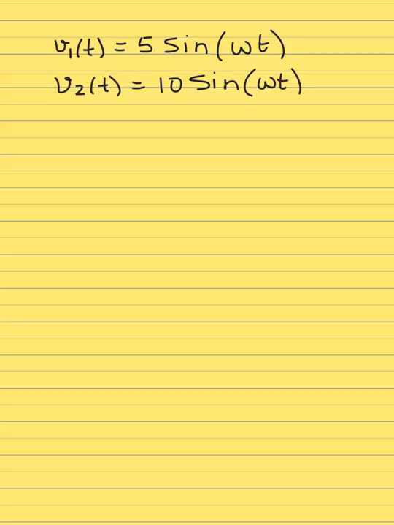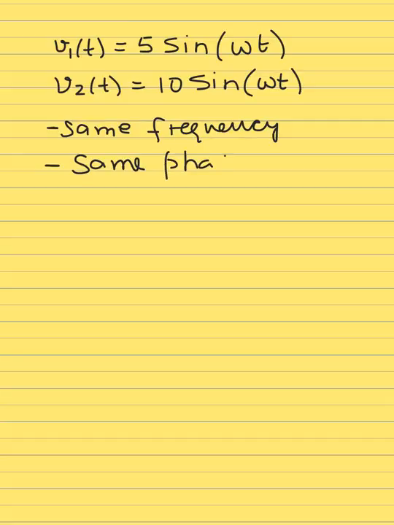So to say a few concluding statements about these two signals, they have the same frequency, they have the same phase, both 0, and we call that in-phase signals, and they have different amplitudes.